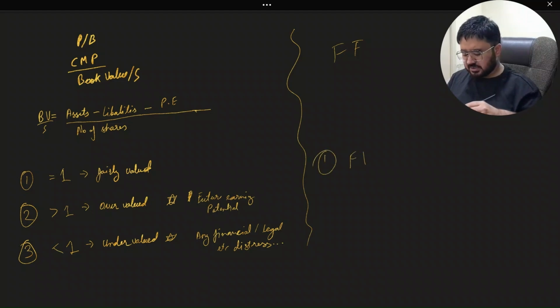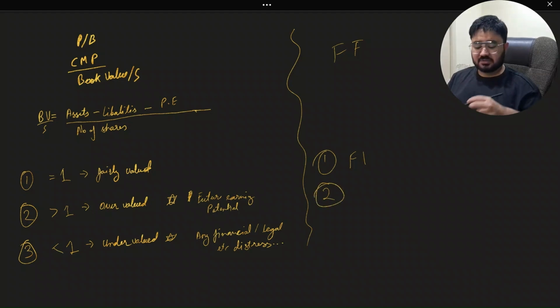Second scenario, overvalued. You go into the movie theater, and as it's the first day first show of a Salman Khan movie, all the tickets are sold out. You have to buy a ticket in black from someone else who has already bought it, and you offer double or triple the price of the ticket.